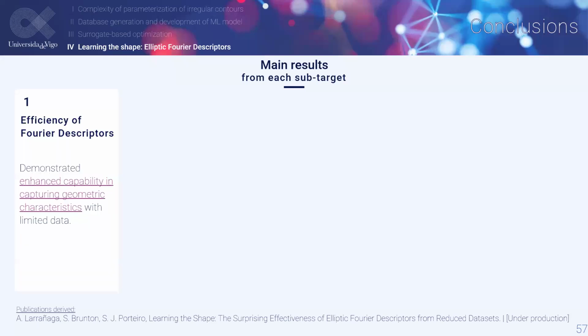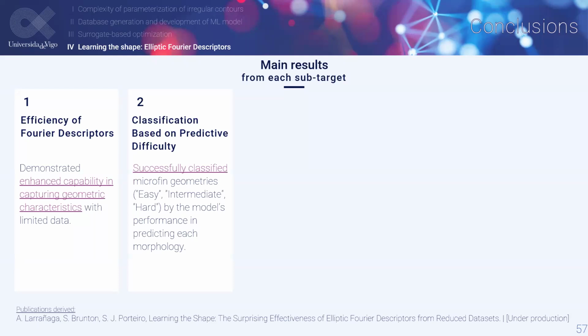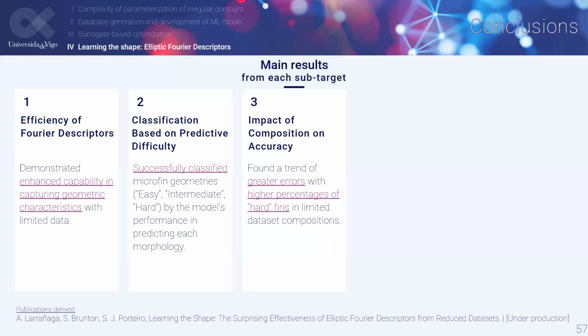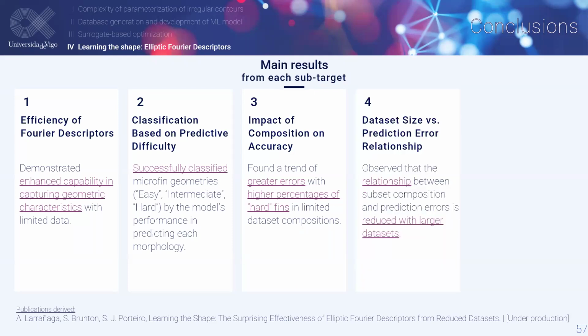So, as an overview of this last step of the research, we show the efficiency of the elliptic Fourier descriptors for describing complex irregular geometries. We also define this new heuristic way of defining a classification metric in order to measure the impact of the composition accuracy on the fins. We show that the composition of the training data set has a higher effect when you don't have enough information, so for reduced data sets.